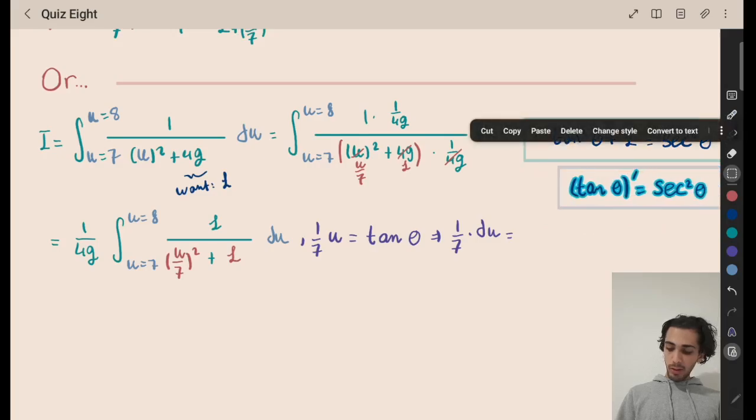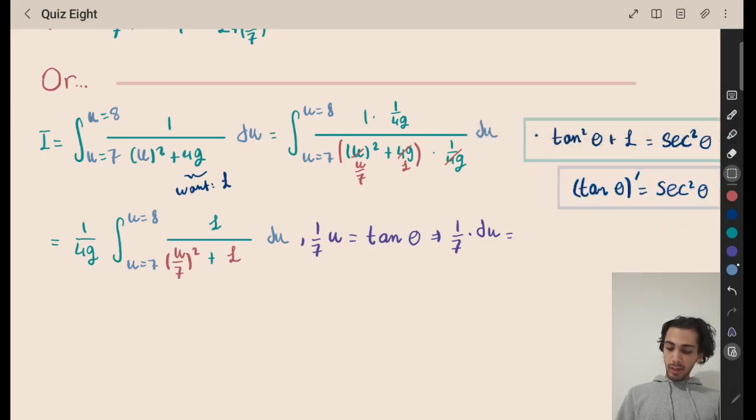It's very promising. Then I can write sec squared theta d theta. And my goal is to replace du. So I can just multiply both sides by 7. Then I'll get 7 sec squared theta d theta for my du.